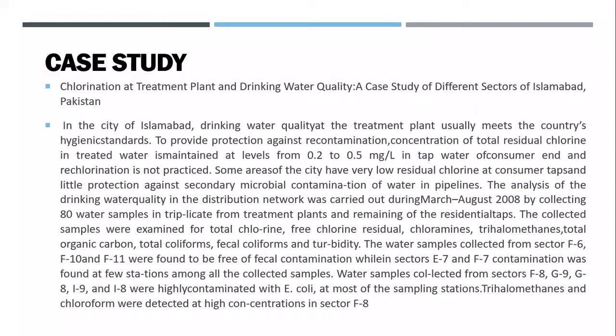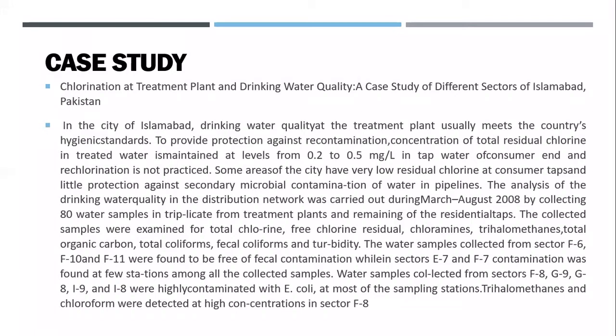The recommended concentration of total residual chlorine in treated water is maintained at a level from 0.2 to 0.5 mg per liter in tap water of consumers, and rechlorination is not practiced. Some areas of the city have very low residual chlorine at consumer taps and little protection against secondary microbial contamination of water in the pipeline.